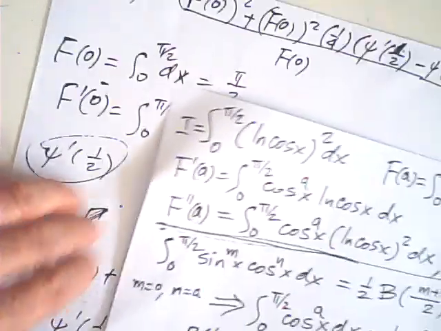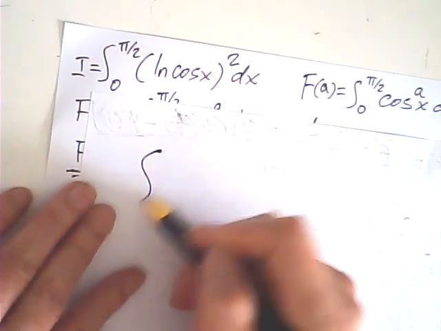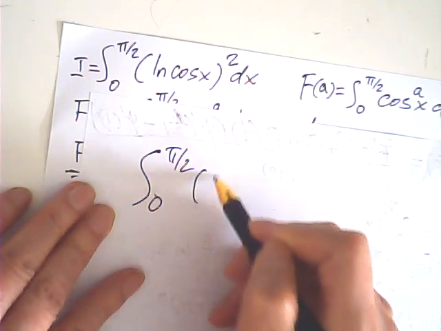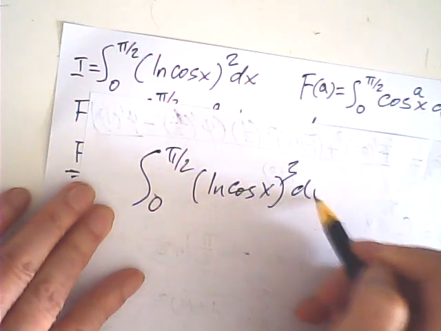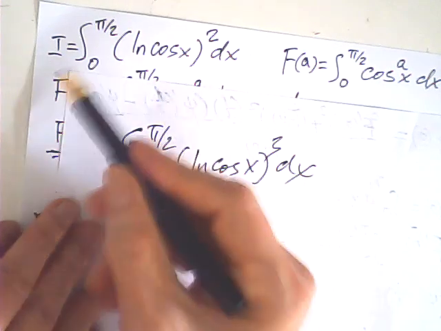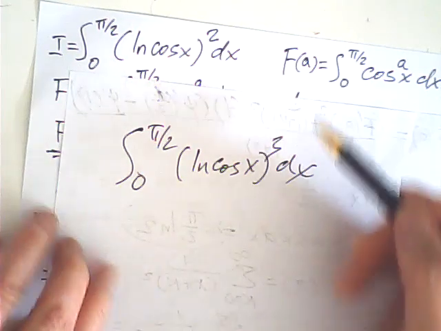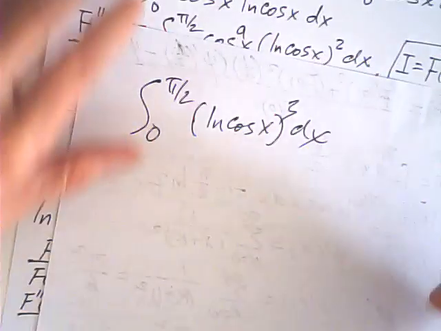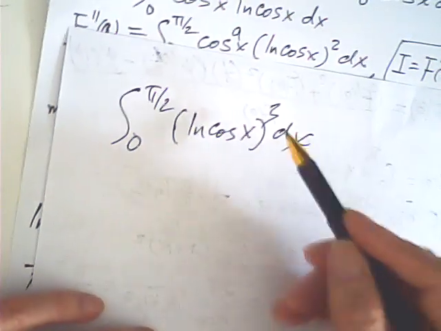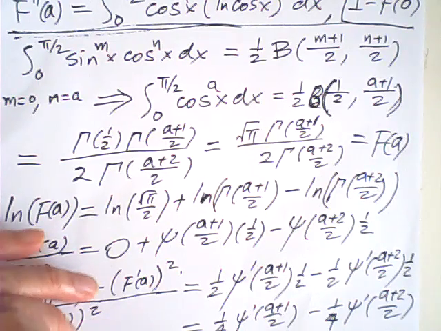Now I think we can explore, for this log cosine cubed, well, we just take the third derivative. When you take the third derivative, it comes up this one. But it's very complicated. But theoretically this is a method. Thank you.